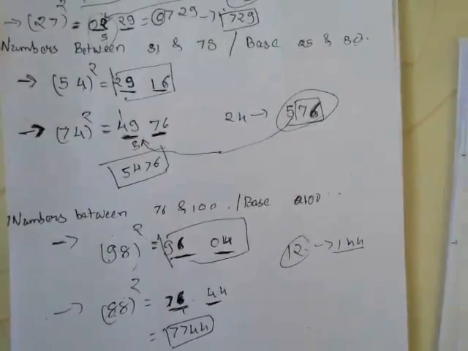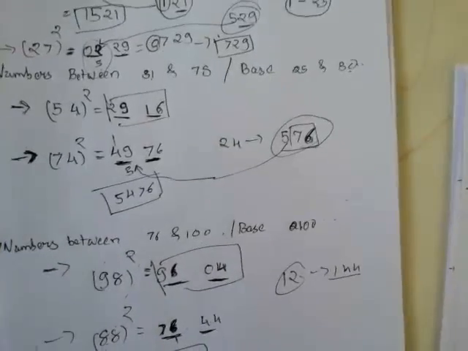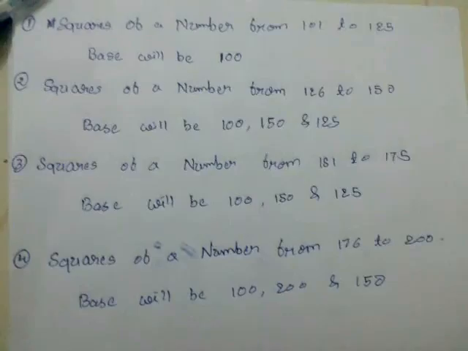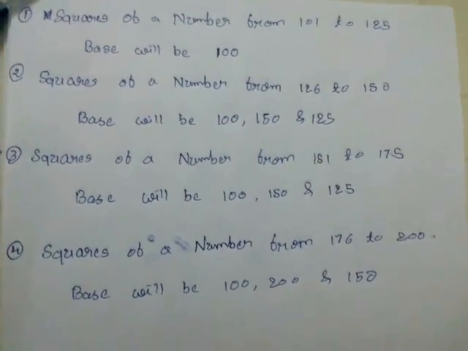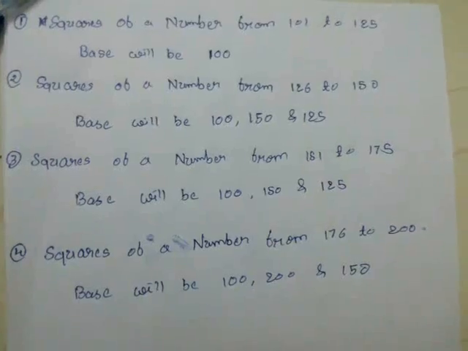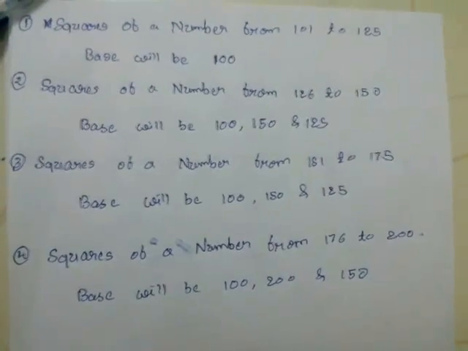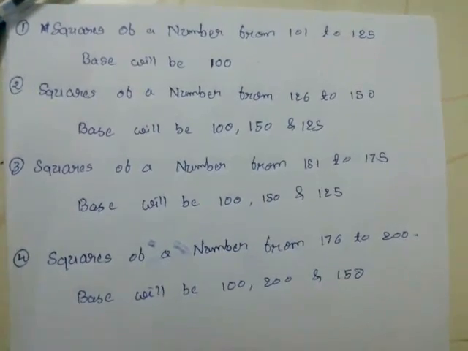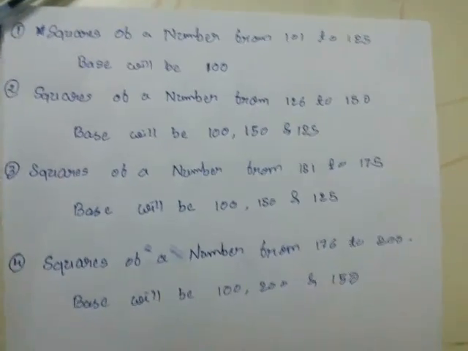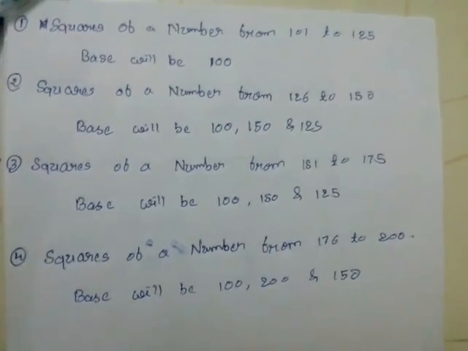Now let's move on to our original topic, that is to find out the square of any 3-digit numbers. We will now see how to find out the square of 3-digit numbers. So before we start, we will distribute the numbers in 4 categories as we did earlier to find out the square of 2-digit numbers, right?